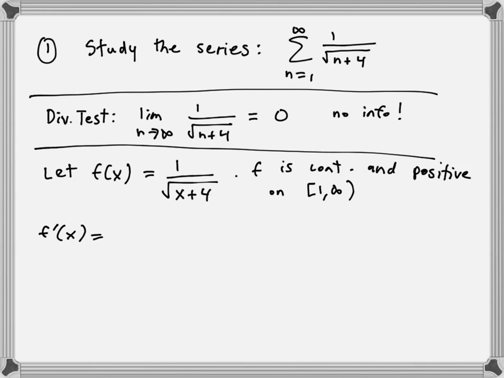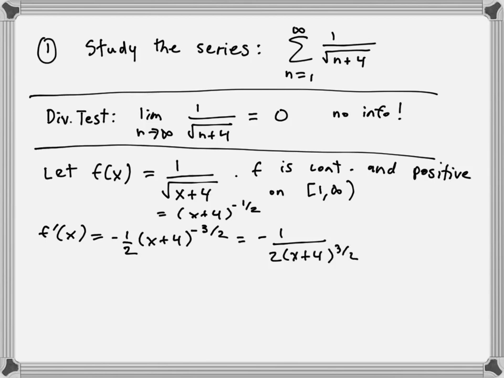Well, the function is the same as x plus 4 to the negative 1/2. So if you take its derivative, you get negative 1/2 times x plus 4 to the negative 3/2, which is equal to negative 1 over 2 times x plus 4 to the 3/2.